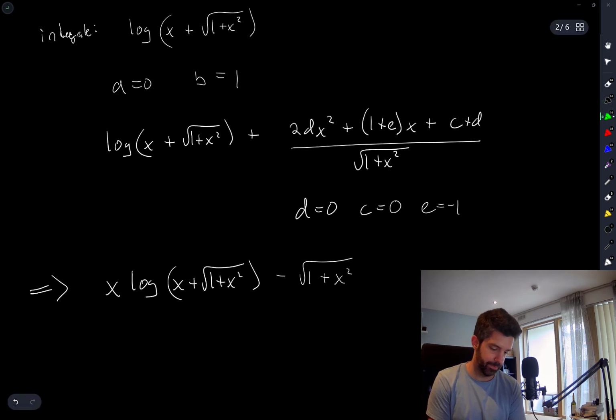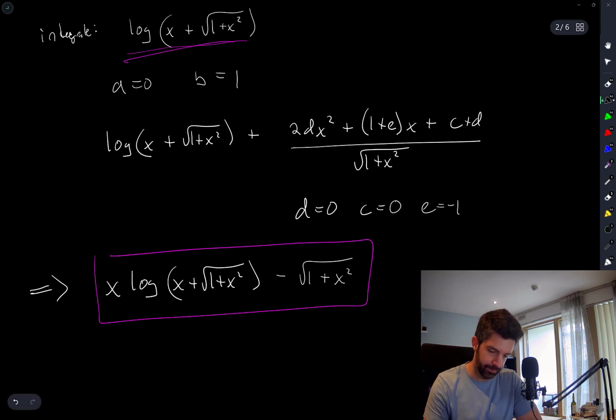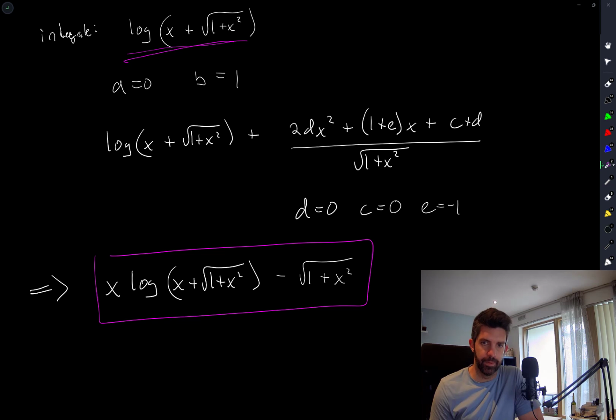So that is the integral of that. And that's just by taking the original expression we differentiated and substituting a is 0, b is 1, c is 0, d is 0, and e is -1. Cool.